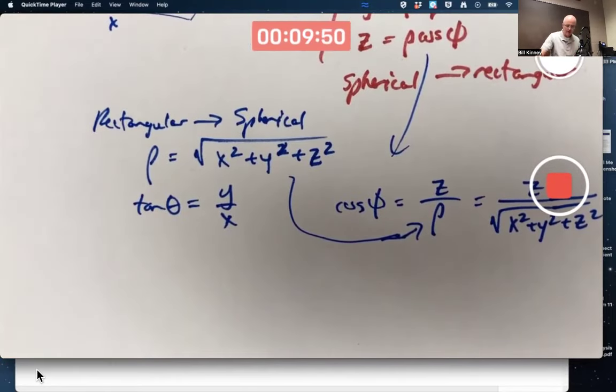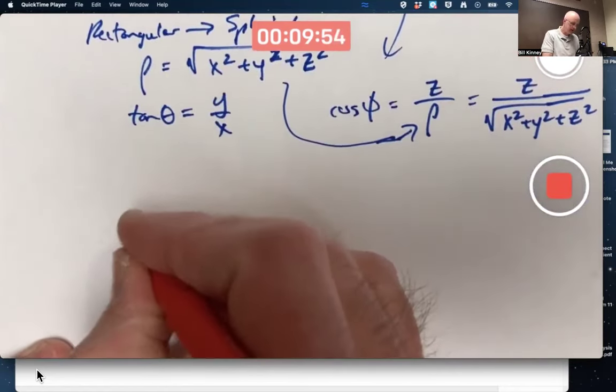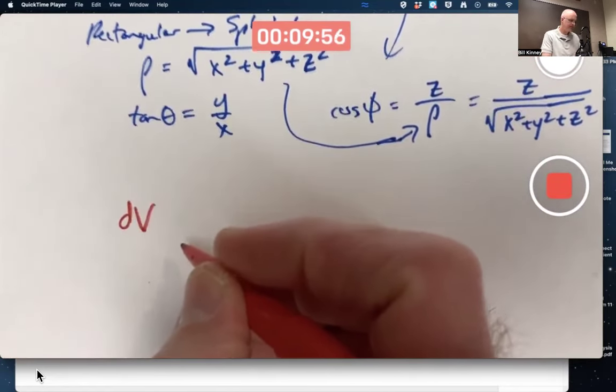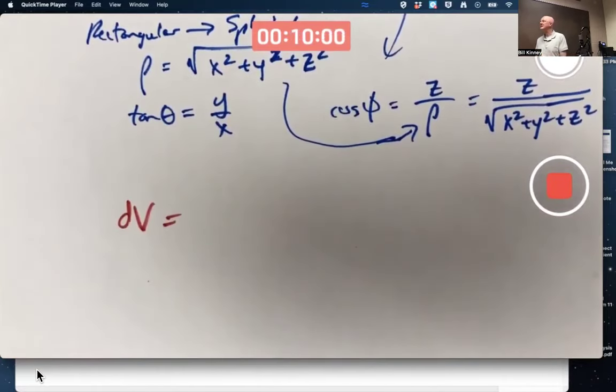But how is spherical coordinates used? For triple integrals to determine dV. With cylindrical coordinates, dV was r dr d theta dz, or most typically written, I believe, r dz dr d theta.